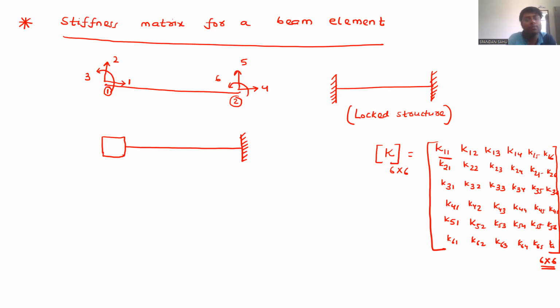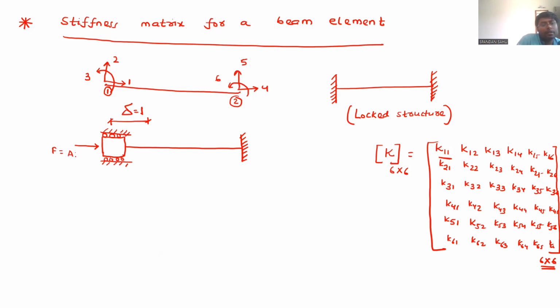In which direction do you find displacement? Displacement at 1, while we need to apply force along 1. So you have to release axially so that it can move in this direction, and you want delta to be 1. Correct?